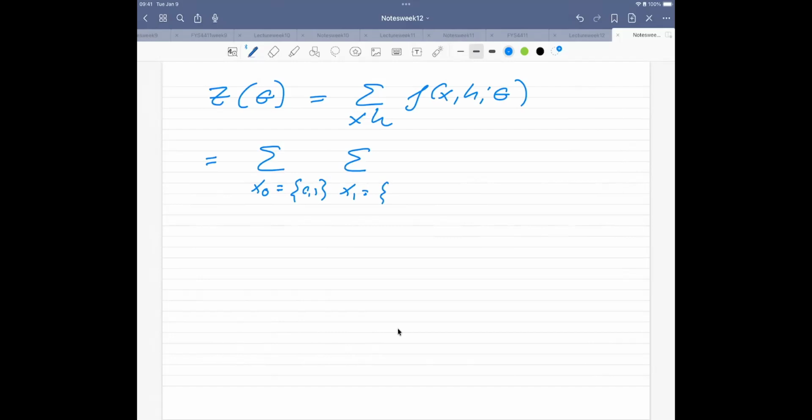These are now configurations 1, 0, 0, 1, etc. These are the two possible nodes which we have. And then we have h0 equal to 0, 1, and h1 is also equal to 0, 1. And then we have finally the function f of x_i, h_j, theta.